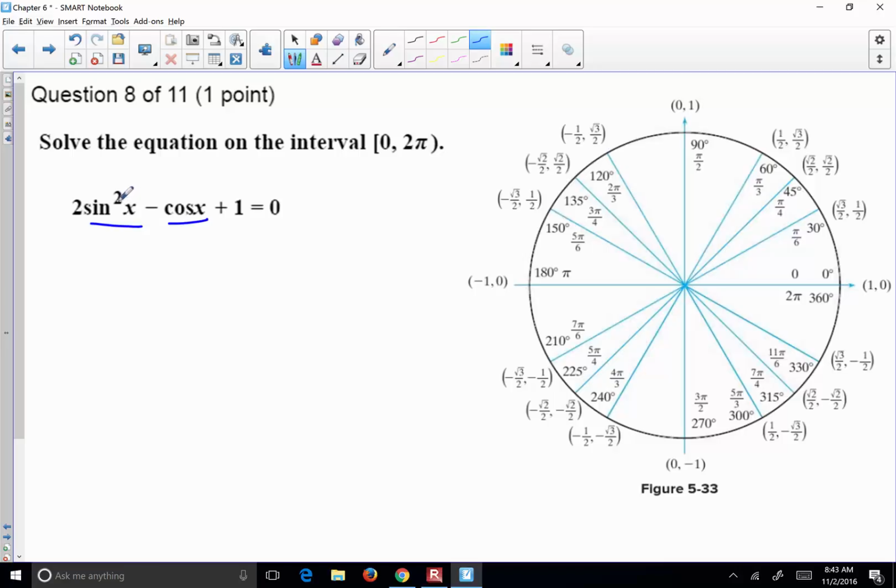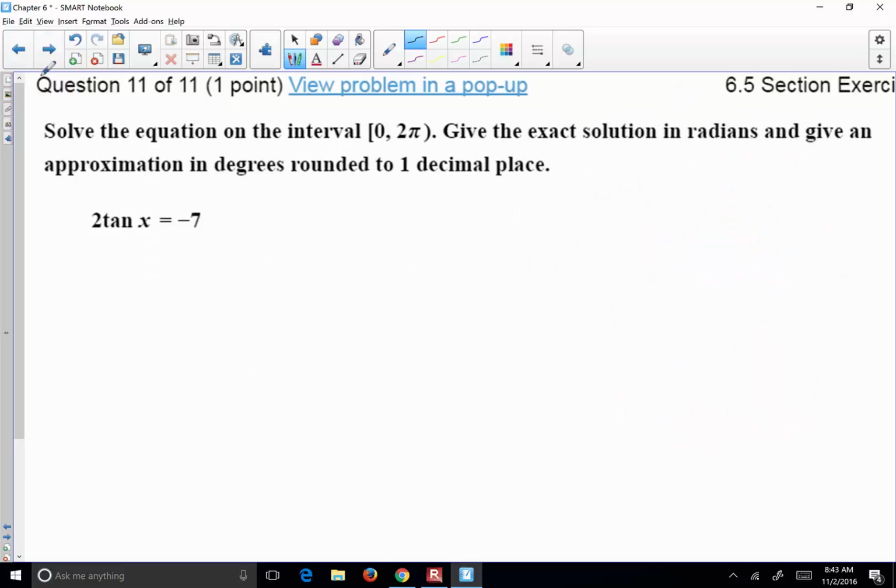Because around the sine, what do you have? Look, a square, and I used the Pythagorean identity, 1 minus cosine squared, to change this guy into this, right? You don't have that square to make the change.